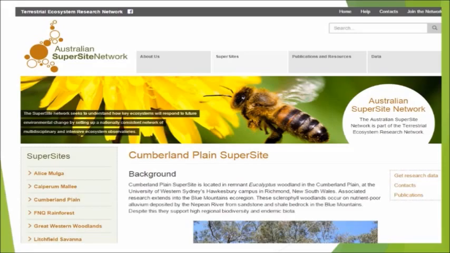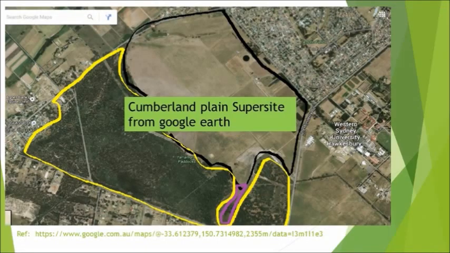In regard to my project, the land use of the supersite has been identified into 3 categories. These are grassland, which in the map is indicated with black lines. Another division is woodland, marked by the yellow line. And the last type is marsh or bog, surrounded by a purple line.